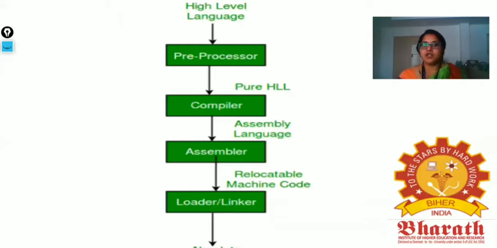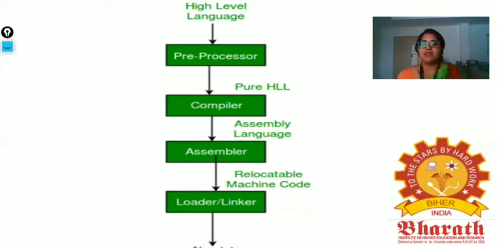See here, you're giving the high-level language as an input to the preprocessor. The preprocessor gets it and gives out the pure high-level language, and that is fed as an input to the compiler. This compiler performs the conversion of the high-level language into the low-level machine code, in which it gets the assembly language that can be easily understood by the machine, and that is given as an input to the assembler.